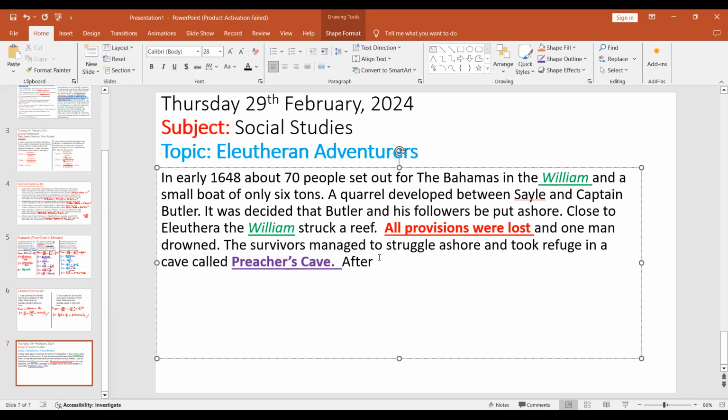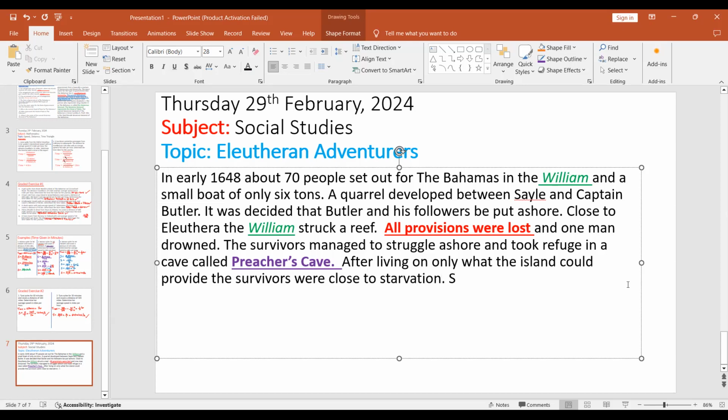So after living only on what the island could provide, the survivors were close to starvation.